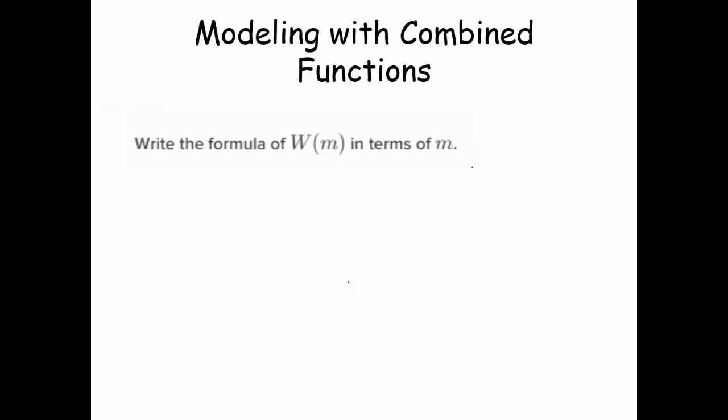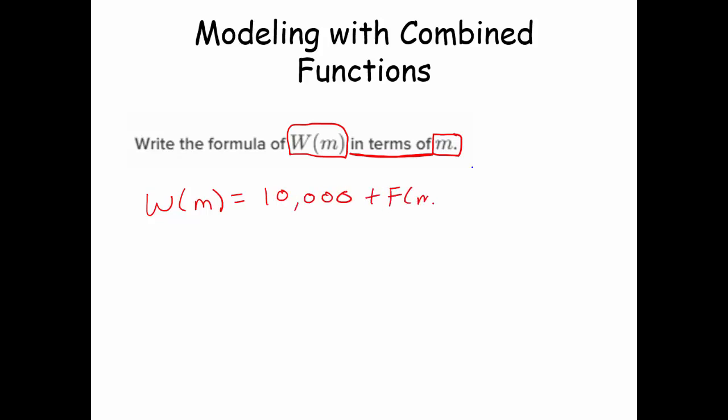So let's see what the last part is here. We want to write the formula of W of m in terms of, there's that phrase again, m. Okay, so I know what W of m is in terms of f of m and e of m.